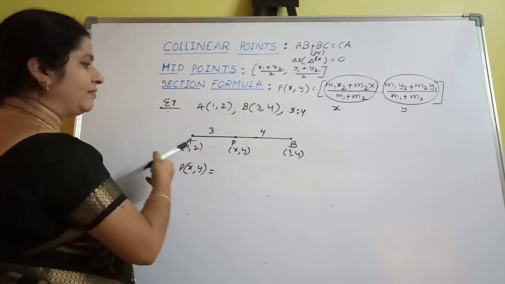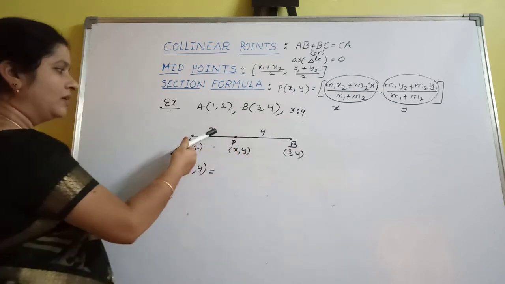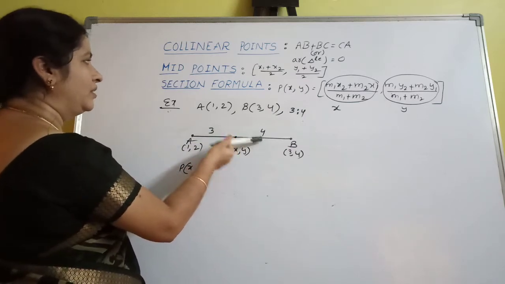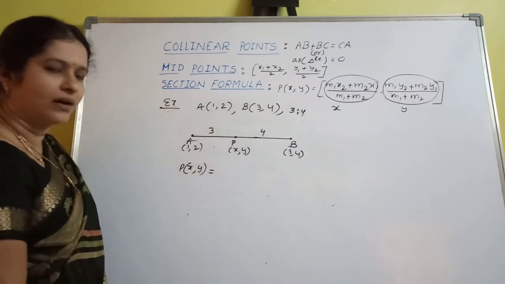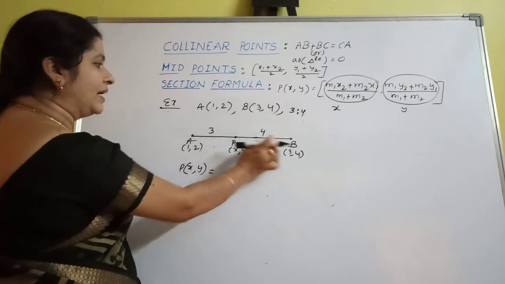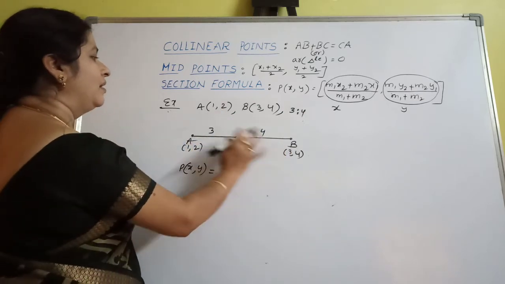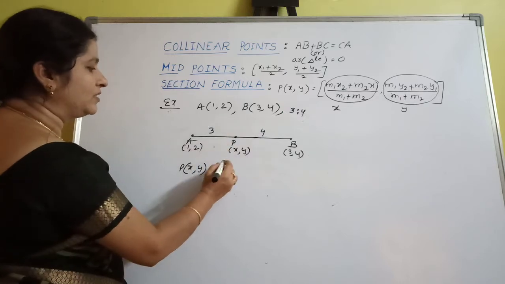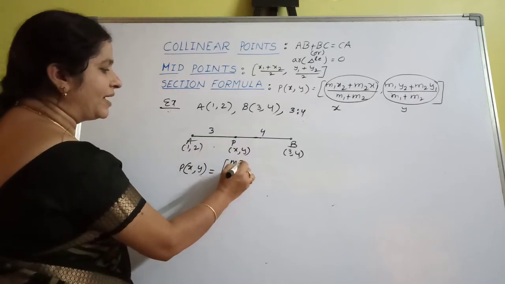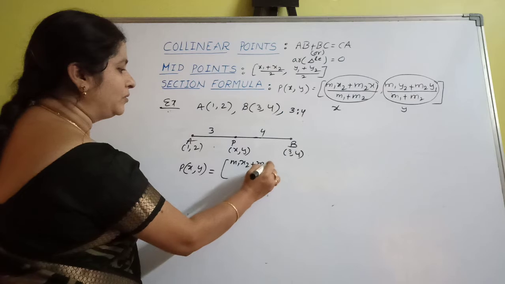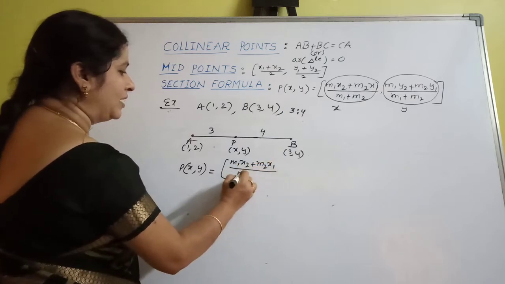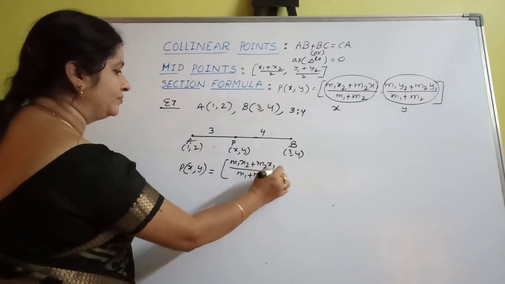P(x, y) divides the line AB in 3:4 ratio. That is nothing but the section formula. The point divides the line segment internally, not externally, in 3:4 ratio. What is the formula? (m1x2 plus m2x1) by (m1 plus m2).